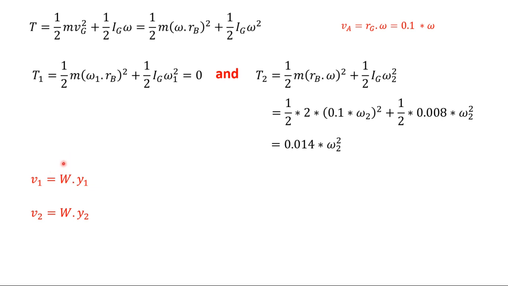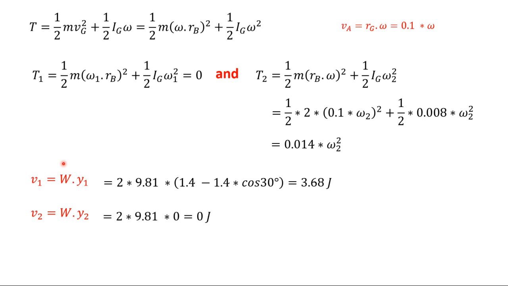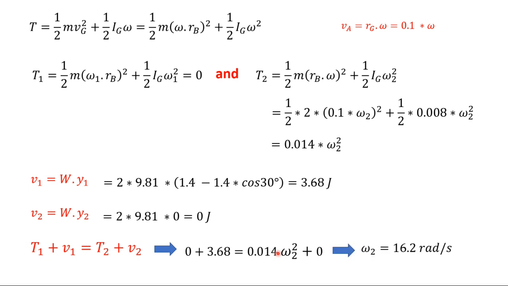The mass is 2 multiplied by 9.81 multiplied by that height, and this equals 3.68 joules. Now we repeat the same thing for the second position, and the value is equal to 0 because height 2 is equal to 0. That's it. I have T1, T2, V1, V2. I can put them in my equation, and omega 2 is equal to the square root of 3.68 divided by 0.014, which gives 16.2 radians per second.